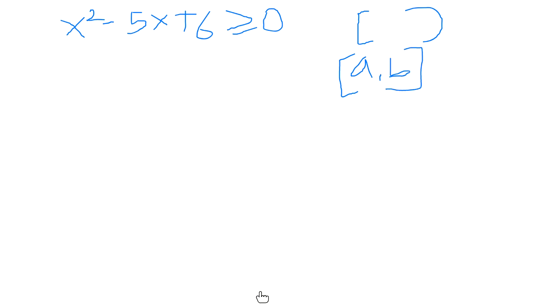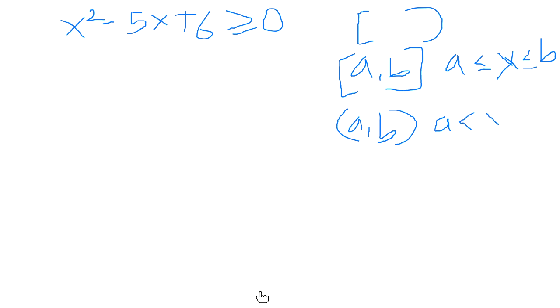That means A and B are inclusive, so x will be greater than or equal to A and less than or equal to B. This other one is an open interval, so A and B are not inclusive: x will be strictly greater than A and strictly less than B.